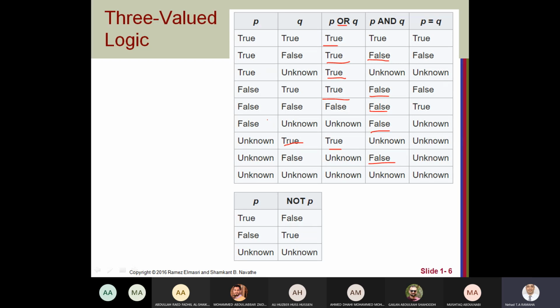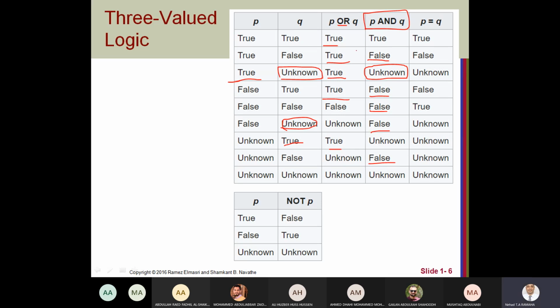If unknown comes with false, the result is false, because unknown doesn't matter. But if unknown comes with true, the result depends on the unknown, so the result will be unknown. Why? Because if unknown means true, then the result is true. If unknown means false, then the result is false.